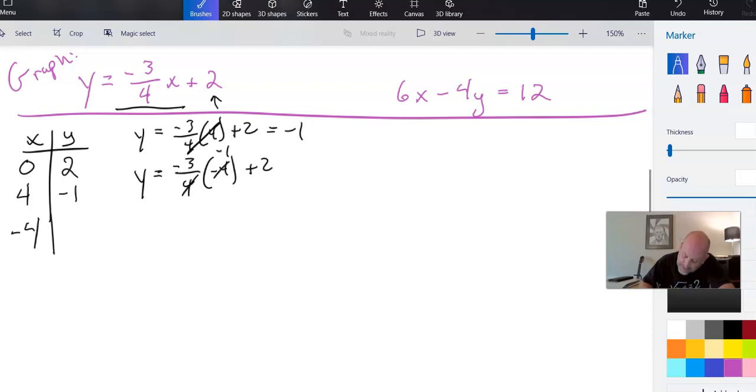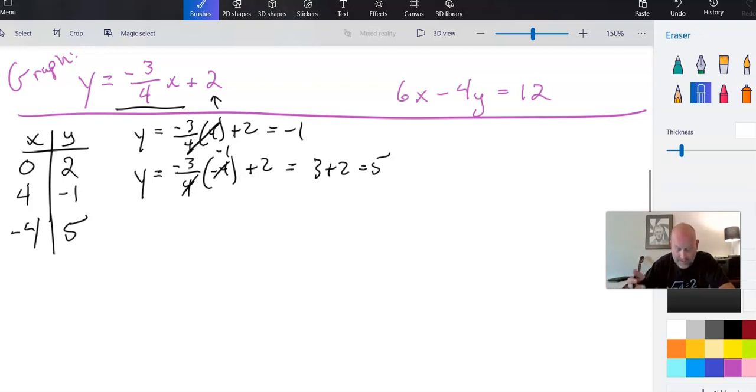Again, the 4's cancel, but this time it leaves a negative 1. So 3 times negative 1 is, or is 3. Oh, and then plus the next number. So I have 3 plus 2, which is 5. Okay, now just in the interest of space, I'm going to erase some of this computation. You can always rewind it and look at it again if you need to.